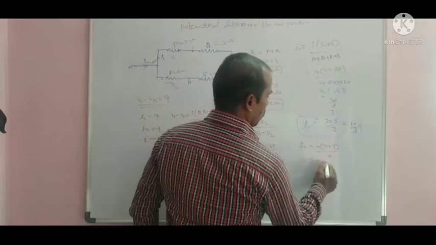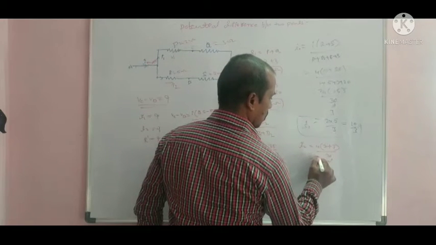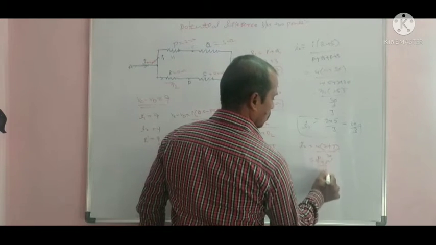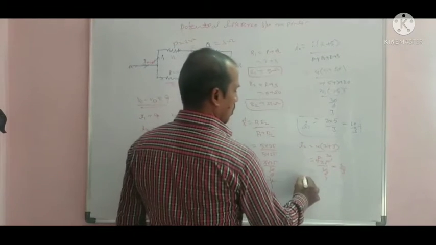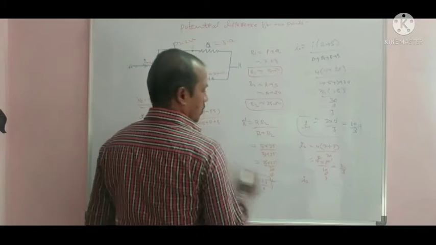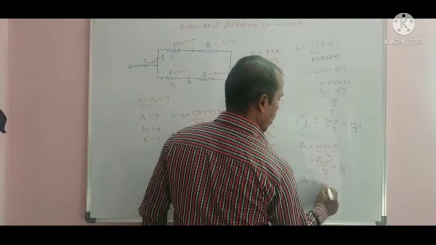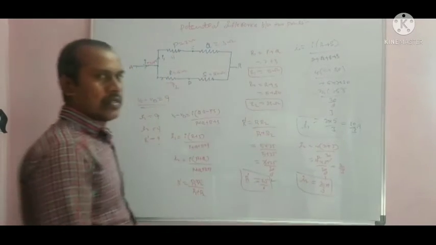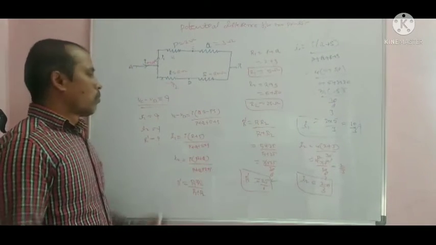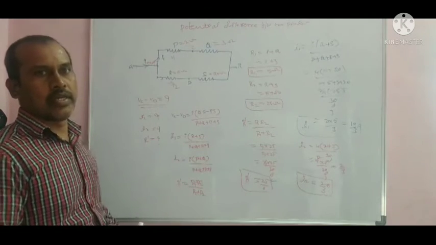So 4 into 5 by 30, 5 ones are 5, 5 sixes are 30, that is equal to 2 by 3. So the current passing through the R is I2 is equal to 2 by 3 amperes. This is I2. Finally, the potential difference between points C and D.